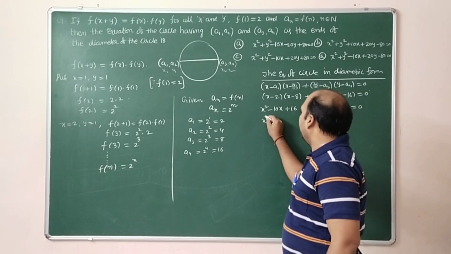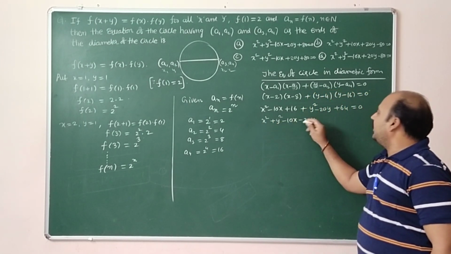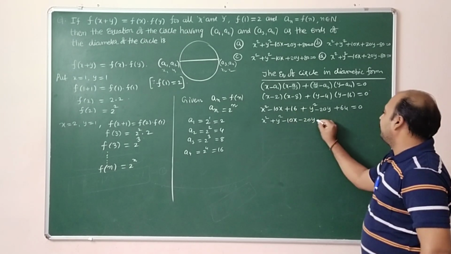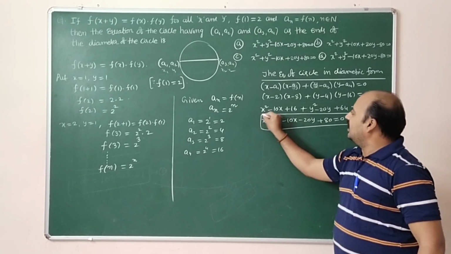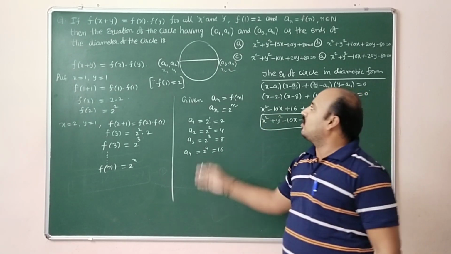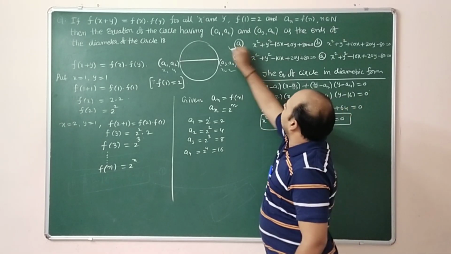So x square plus y square minus 10x minus 20y, 16 plus 64 is 80, plus 80, which is the required equation of the circle whose end points of the diameter are a1, a2 and a3, a4, which is there in the first option.